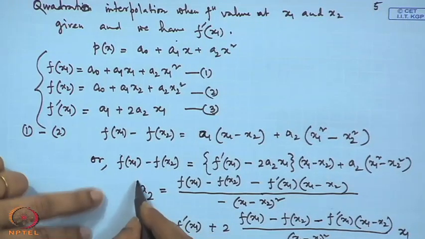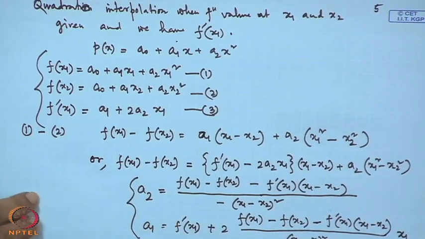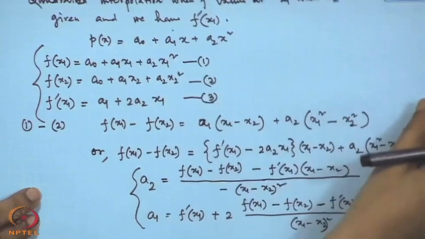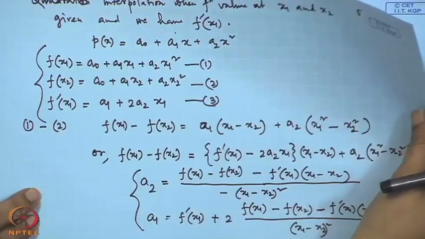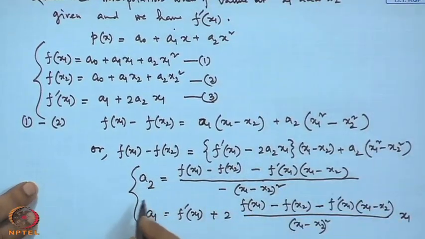Once we have a 1 and a 2, we need not calculate a 0, because as we have seen from the necessary condition, p prime x must be equal to 0, and it gives the stationary point x star as the optimal value, which is equal to minus a 1 by 2 a 2. That is why for calculation of the optimal value we need not calculate a 0.